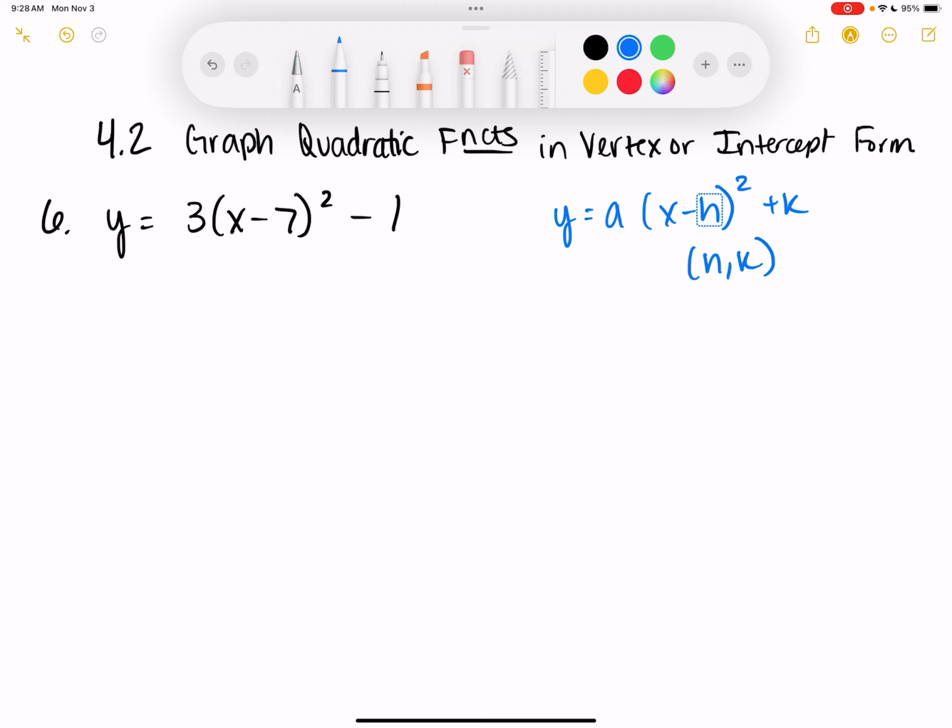So, based on that, the h value or the x value of your vertex is always the opposite of whatever the sign is. The k value or your y value of your vertex is always that with whatever the sign is. So that would mean my vertex here is 7, -1.